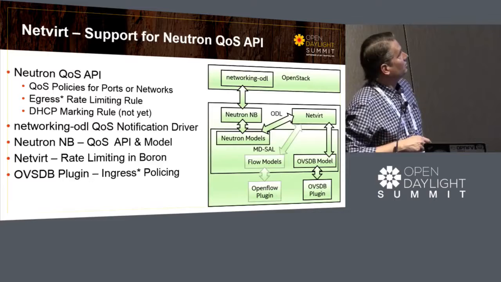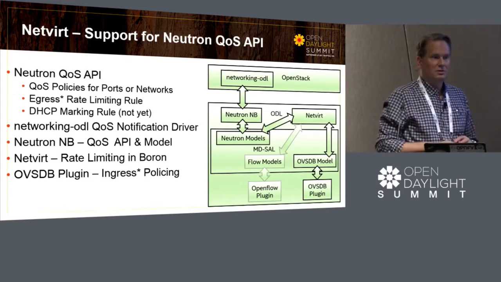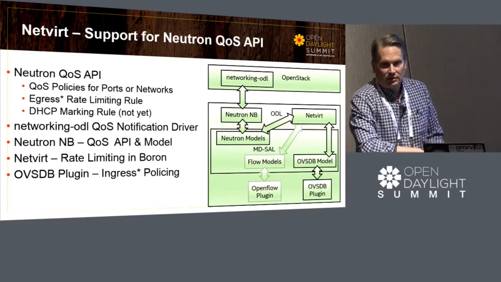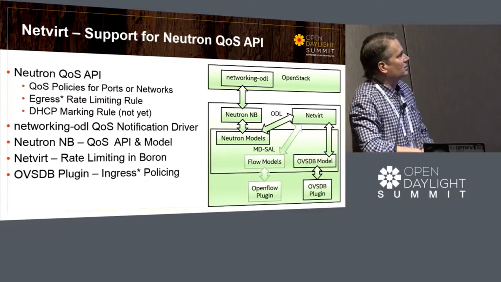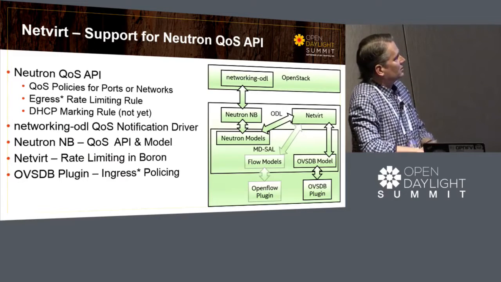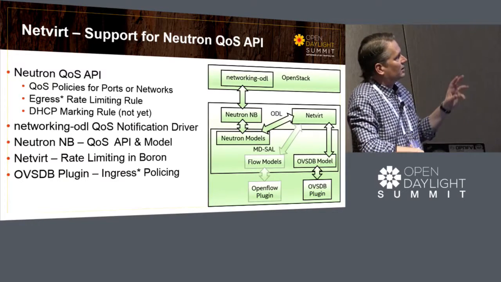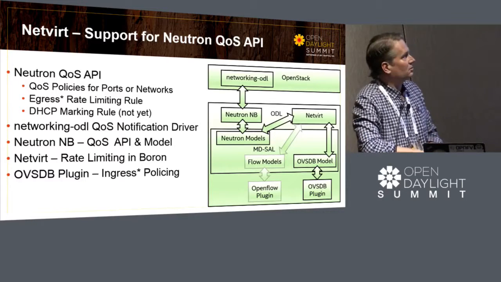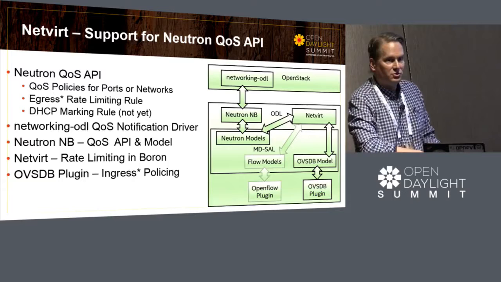So speaking of applications, I want to talk a little bit about an actual application that is in Boron that uses some of this. So this is showing here on the right side, we have OpenStack, and OpenStack has, of course, here at OpenDaylight, the Neutron API.